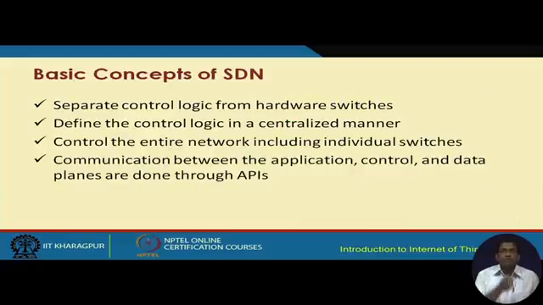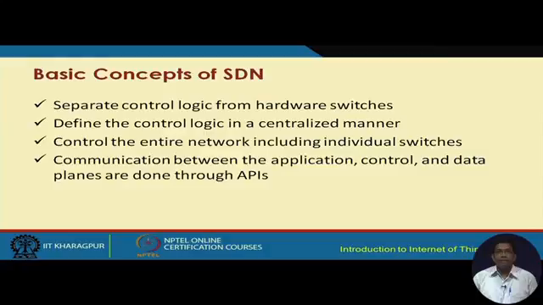Now, let us summarize some of these basic concepts of SDN. The whole idea is to separate the control logic from the hardware switches, and to define the control logic in a centralized manner. So, all these control functions are going to be centralized, because the control plane has been separated out. So, this is how SDN is going to work.